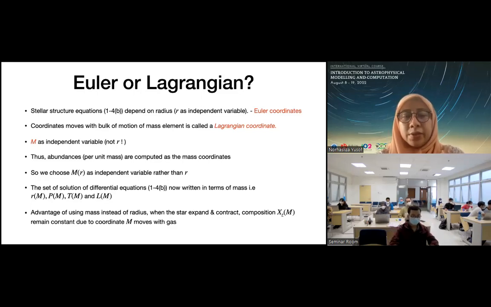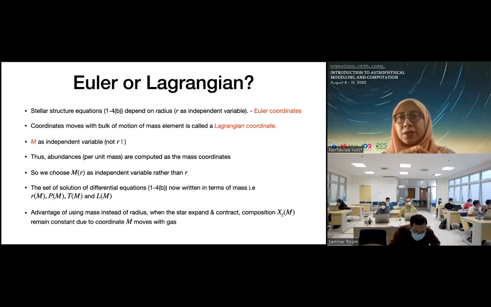The advantage of using mass instead of radius is that a star, due to hydrostatic equilibrium, always expands and contracts. When it expands and contracts, the composition remains constant with respect to mass, because it moves with the gas.